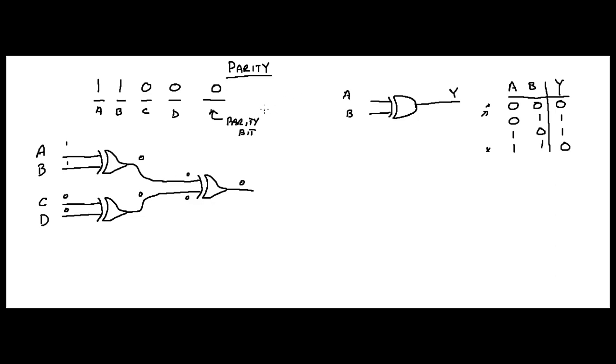Suppose you wanted to use odd parity. How would you do it? Well, we could simply add another exclusive OR gate here, right? And we could go to a switch here, right?